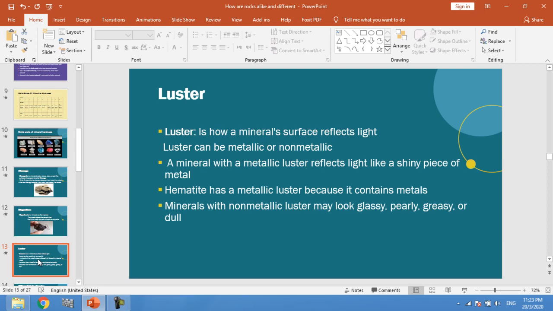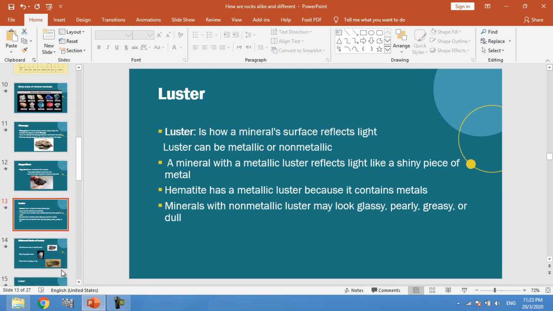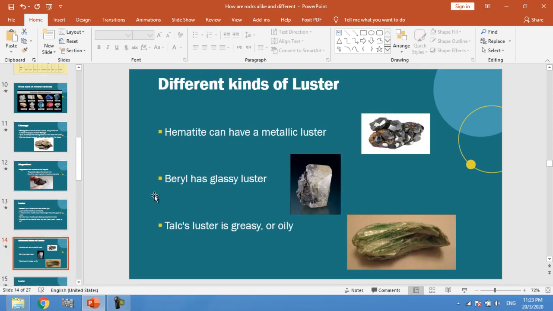Metallic luster means that the mineral will reflect light like a shiny piece of metal, like hematite. Okay? Hematite has a metallic luster. This is hematite. This is the metallic luster.